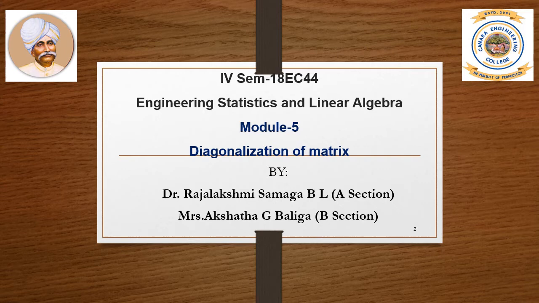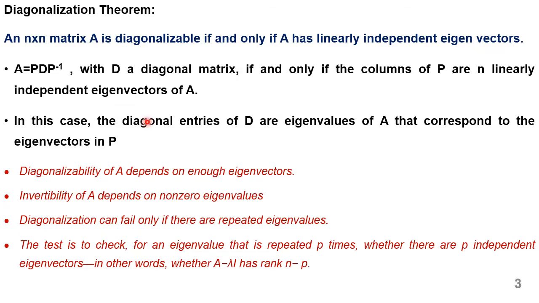Now let us study how to diagonalize a given matrix. Let us try to define and understand the diagonalization theorem. An n cross n matrix A is diagonalizable if and only if A has n linearly independent eigenvectors.